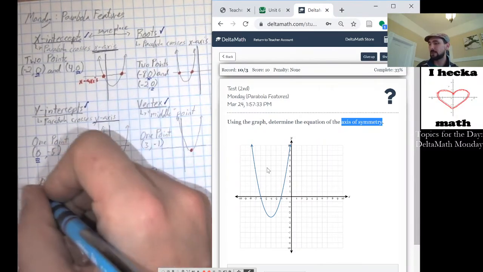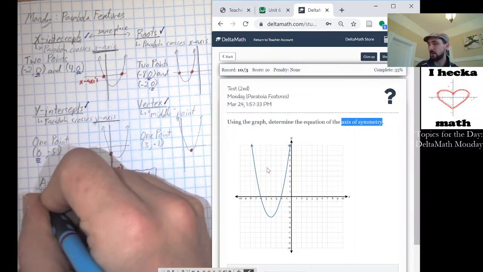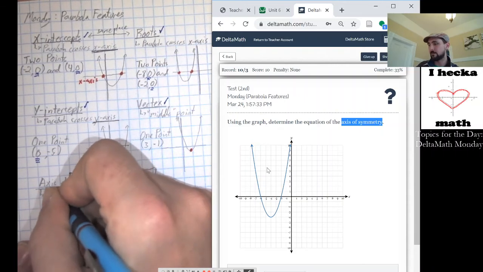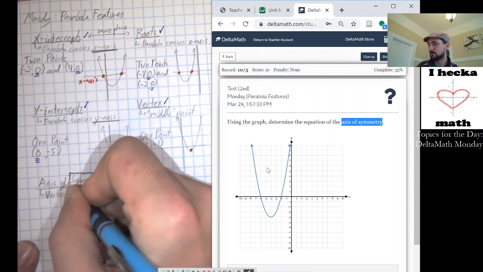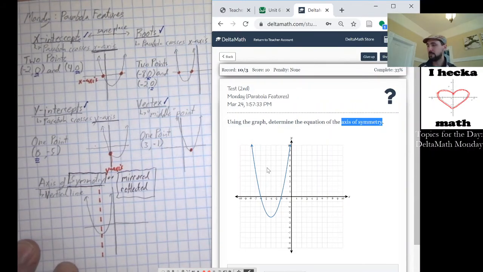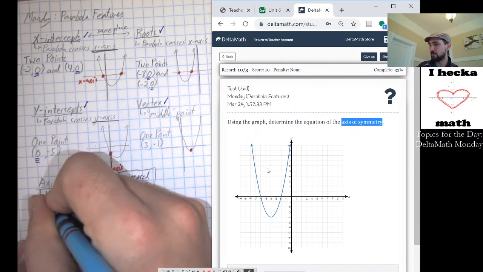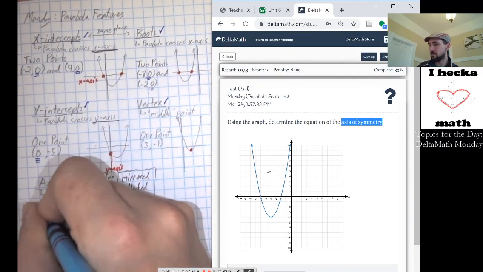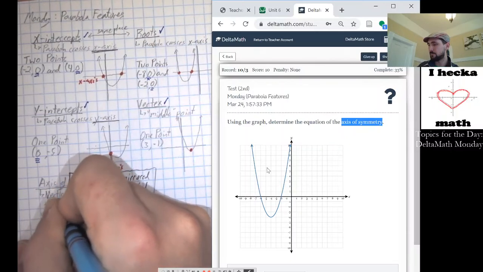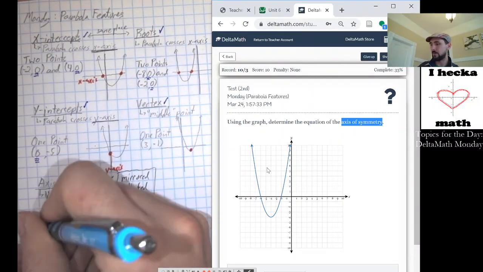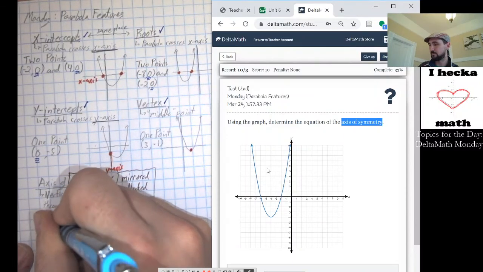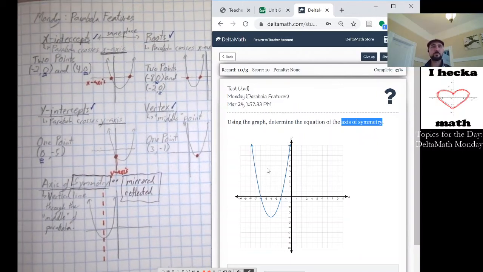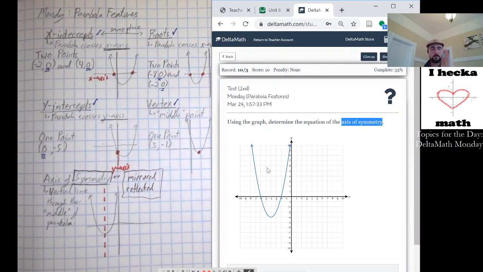So when we talk about the axis of symmetry, we say it's a vertical line through the middle of the parabola. A vertical line through the middle of the parabola.